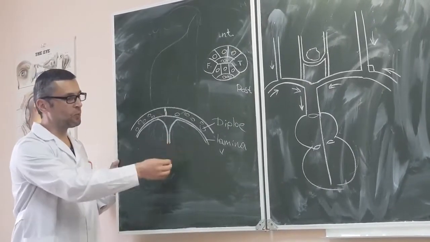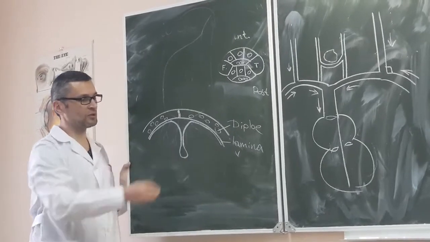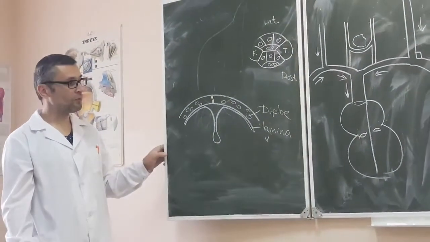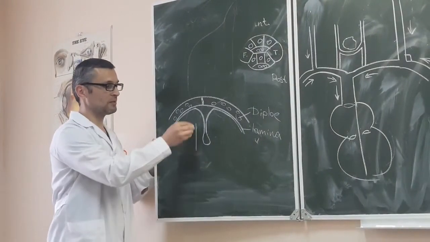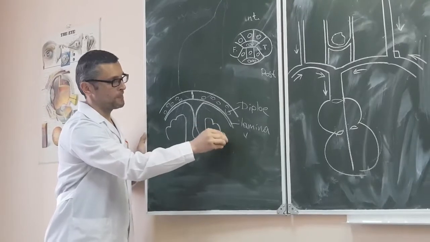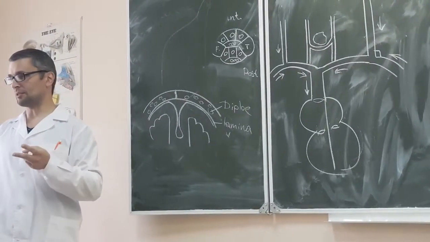And somewhere between the two hemispheres, this layer continues into this one. Understood? And now here between the hemispheres I get two cavities.